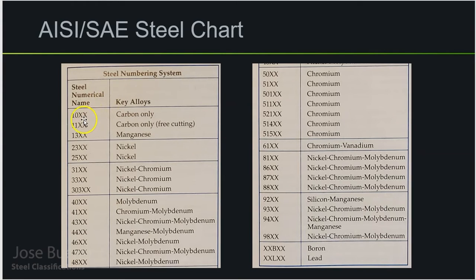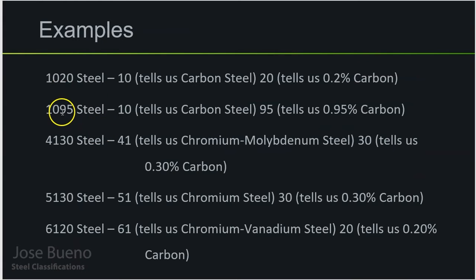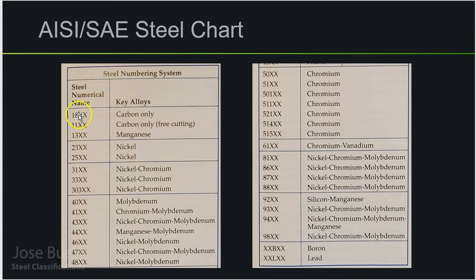So if we look at the 10 series steel, remember our first examples, 1020 and 1095. 10 is basically just carbon steel. That's it, just carbon steel. And then the last two numbers tell us the carbon content.